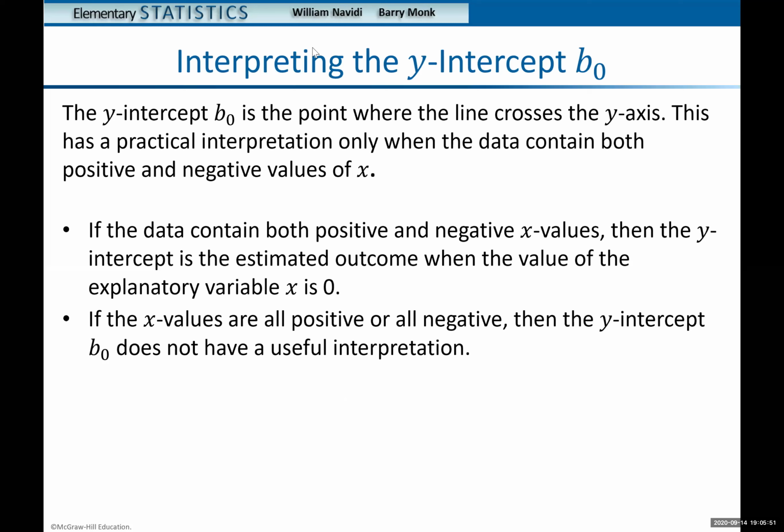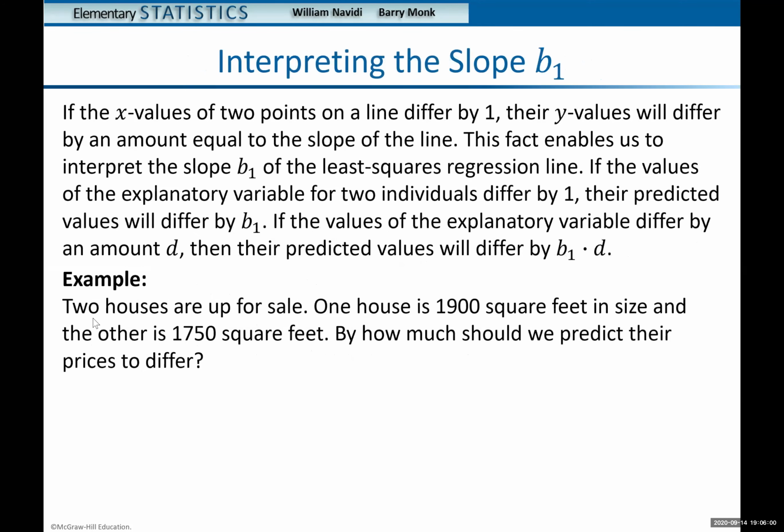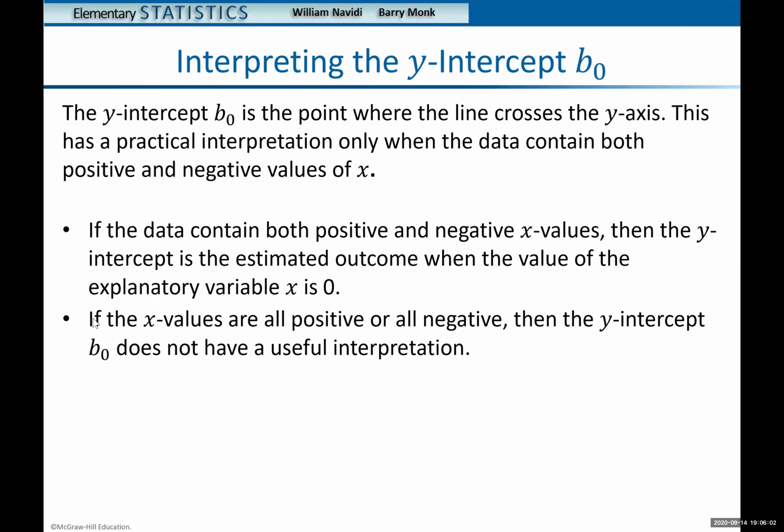So next one is how do we interpret the y-intercept? I want you to copy this. The y-intercept is the point where the line crosses the y-axis. That is the point on the y-axis.